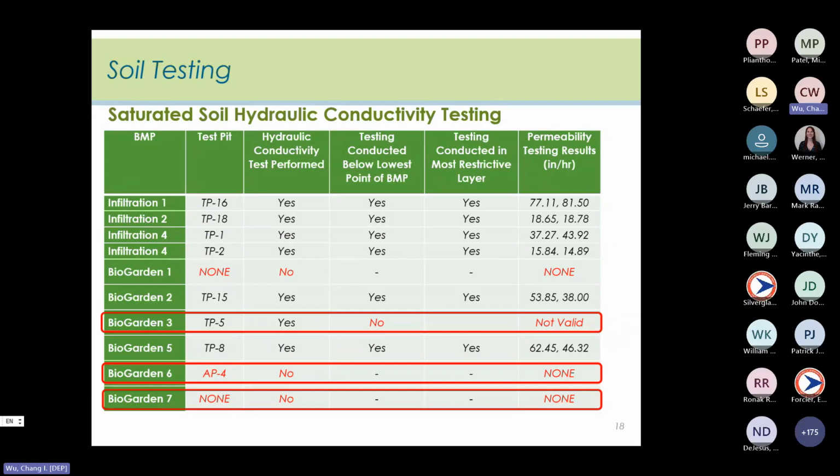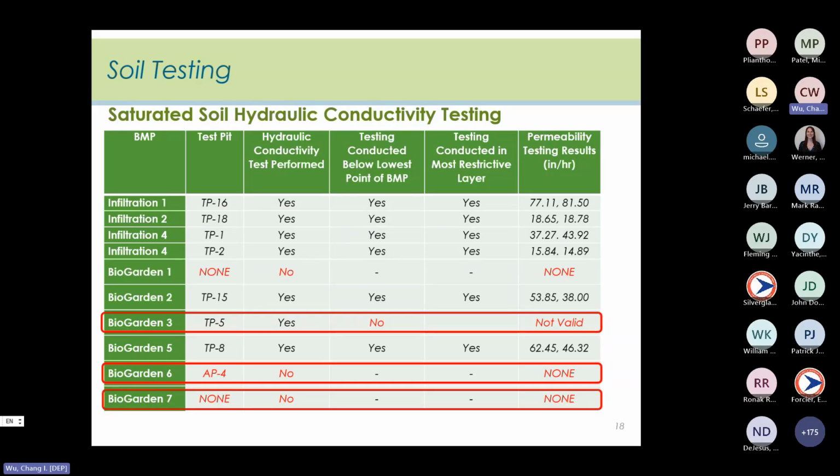Next, we will review the soil hydraulic conductivity. The saturated soil hydraulic conductivity test must be conducted on the most hydraulically restrictive soil layer above the seasonal water table or non-fractured bedrock, but located below the lowest elevation of the BMP and above whichever of the following depths is greater: 8 feet or twice the maximum potential water depth in the BMP.